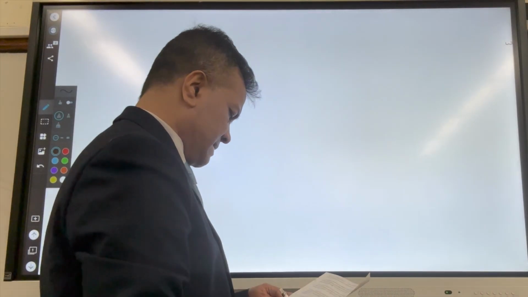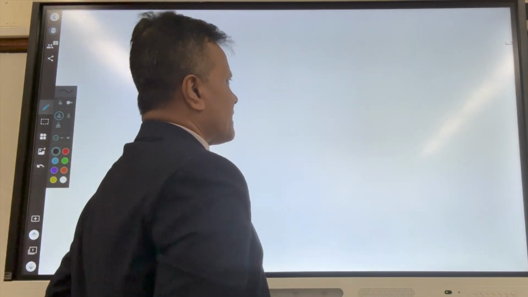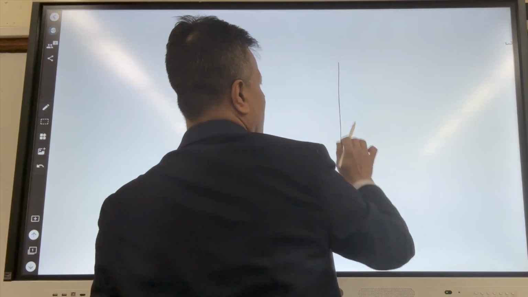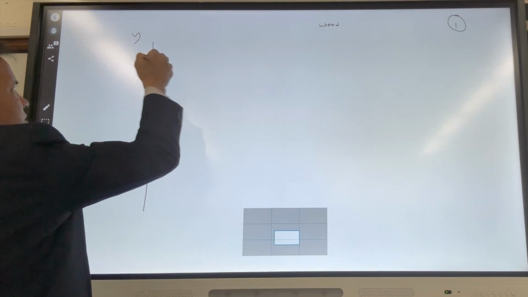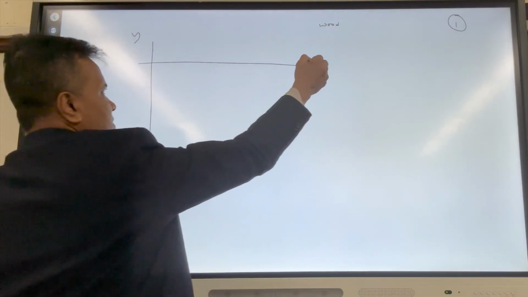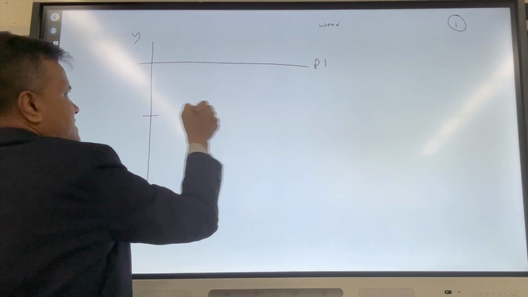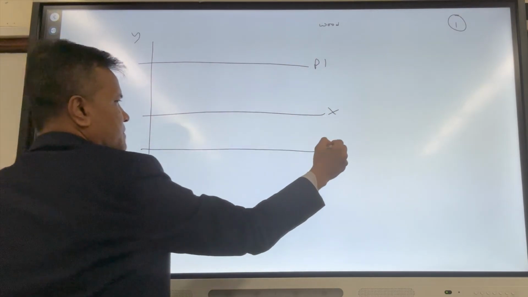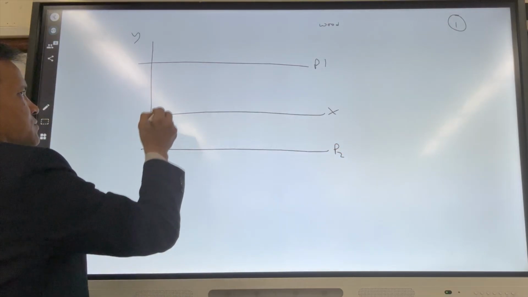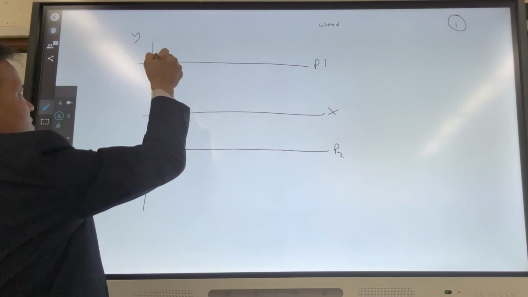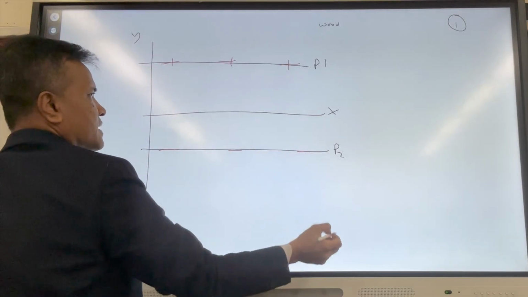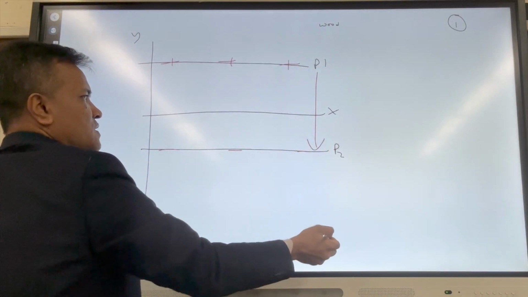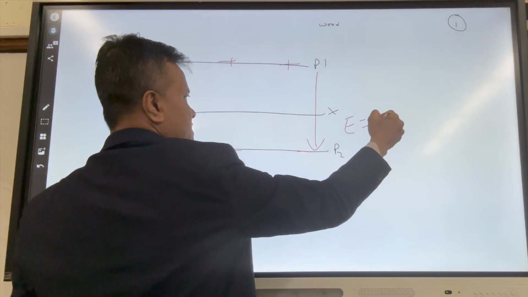Next problem is, let's say you have a y-axis. Okay, so this is y, this is plate 1, this is the x-axis, this is plate 2. Plate 1 is positively charged, plate 2 is negatively charged. That means there is a field from positive to negative. Let's say the field is 10 raised to negative 2.